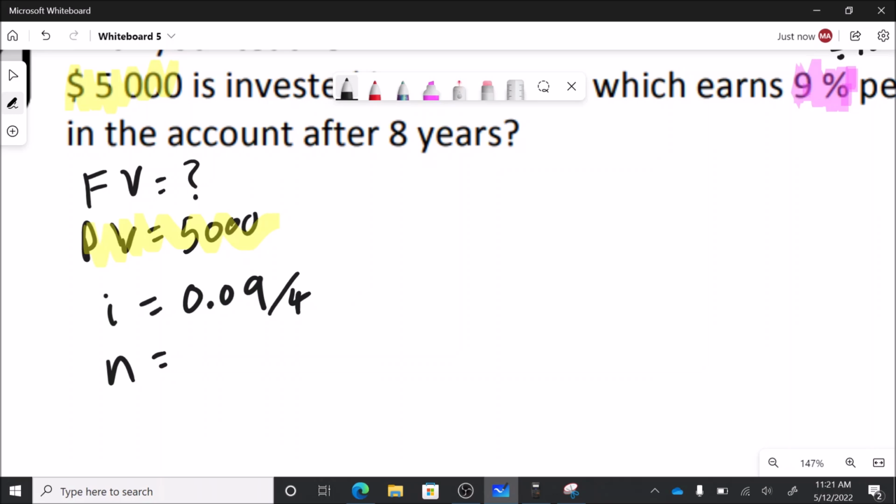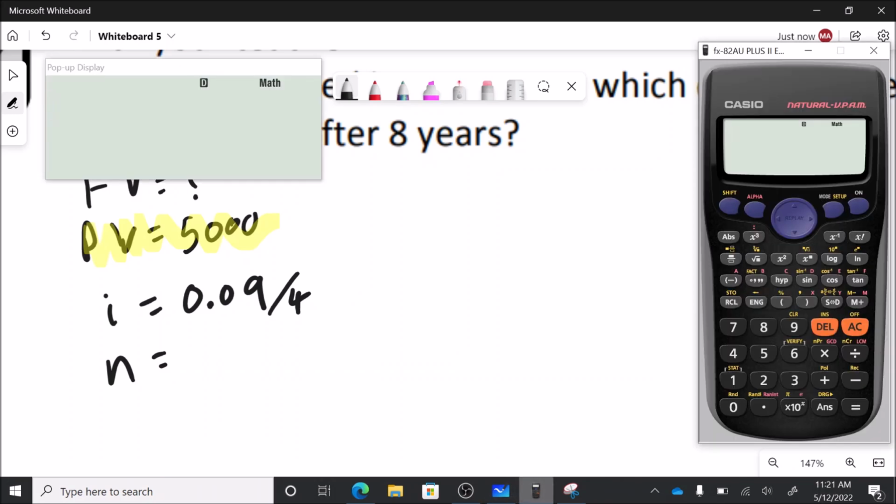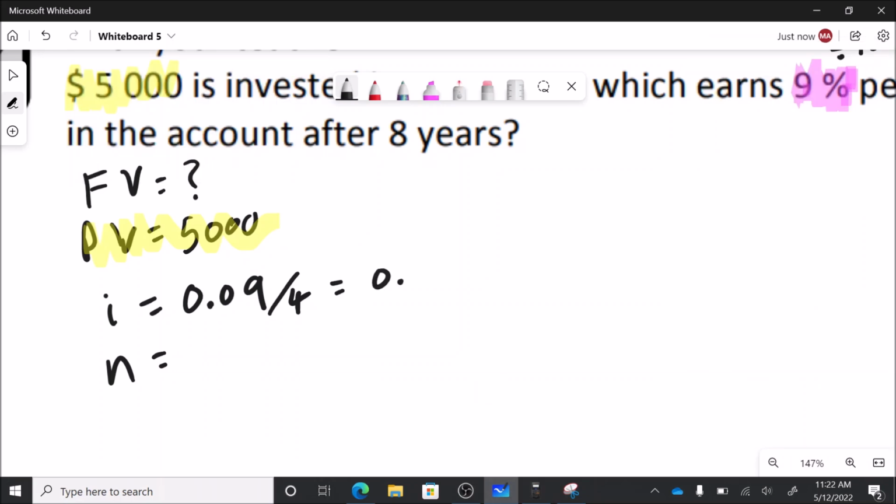Now we could work that out. In fact, I will, but I usually don't worry about doing this. I'm going to do it now just to demonstrate something. 0.09 divided by 4 is 0.0225 per quarter. We'll leave that there for now, and I'll show you some stuff with the calculation for that later.